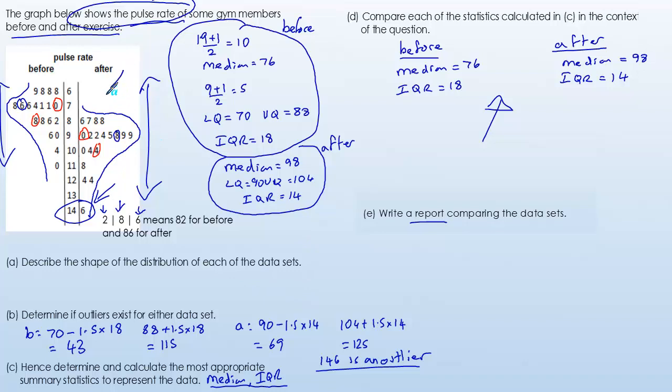I would also talk about the shapes of the distribution, the fact that they're negatively skewed, and then you would want to conclude, and that would be as simple as, the data shows that during exercise the pulse rate increases.